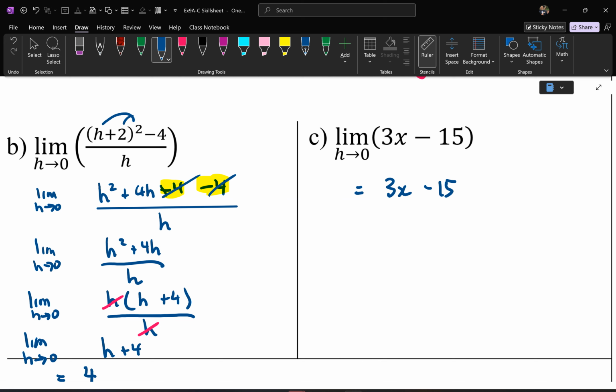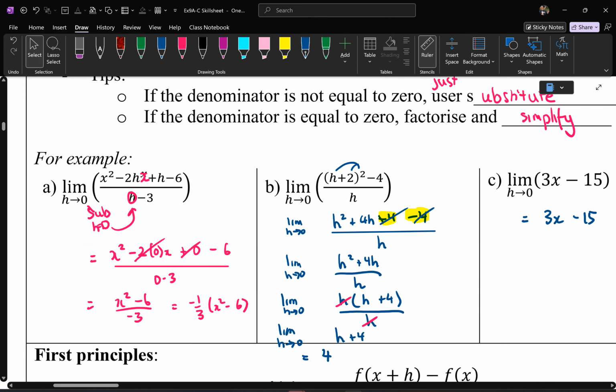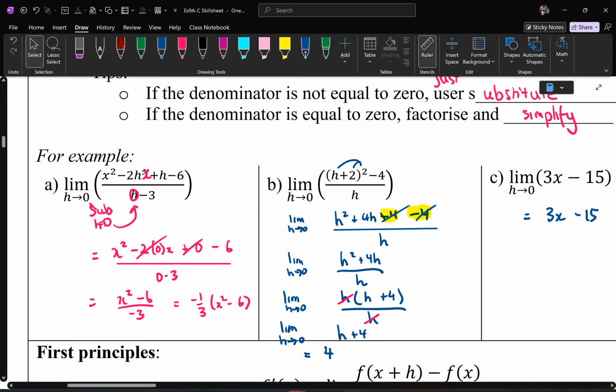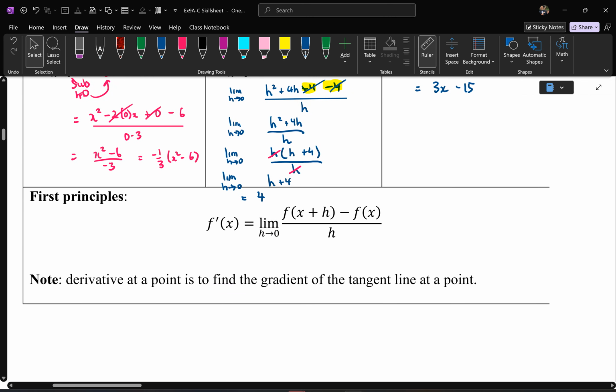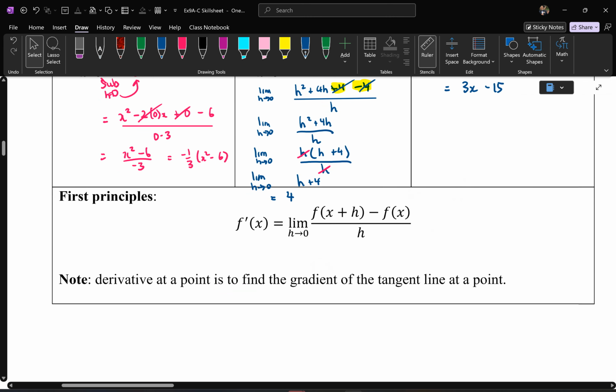Okay, so that's just one of the exercises that you'll be working on in 9A. It's practicing to evaluate limits. Those are 3 different examples. One's substitution, one's factorize and simplify, and the other one is check if there's any h variable that's affecting it. Okay? All right. Next bit.